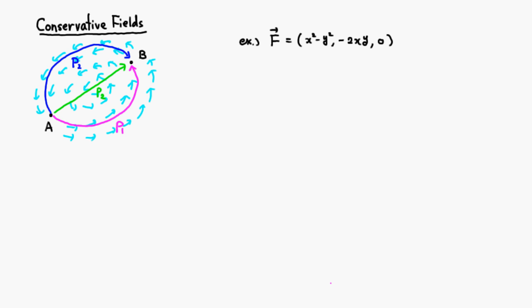So a path independent field is called a conservative field.